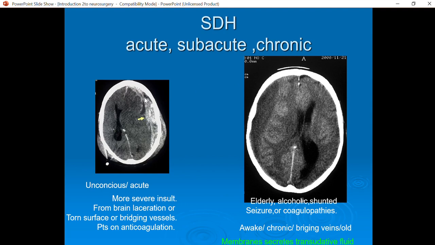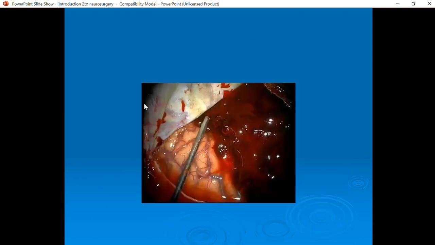And in acute subdural hematoma, the source of bleeding is venous, from the cortical venous system. This is to contrast it with the epidural hematoma, where the source of bleeding is arterial. In subdural hematoma, it is venous.